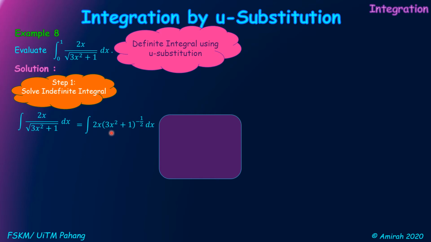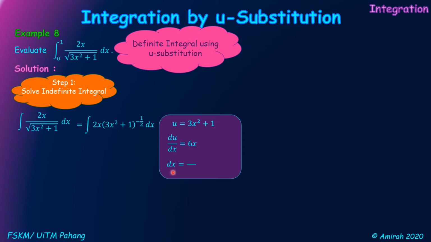When we use U-substitution, first we identify u. We can choose u equals 3x squared plus 1, the function inside the bracket. After we choose u, we need to differentiate. We differentiate u with respect to x, so du over dx equals, we differentiate 3x squared, we get 6x, and then we differentiate the constant, we get 0, no need to write.